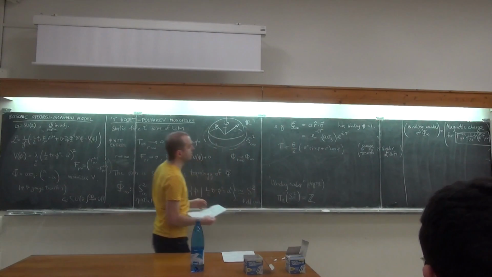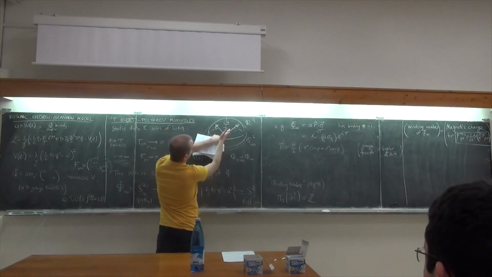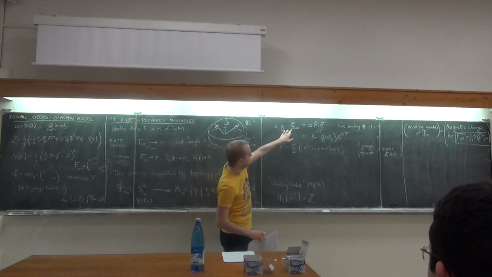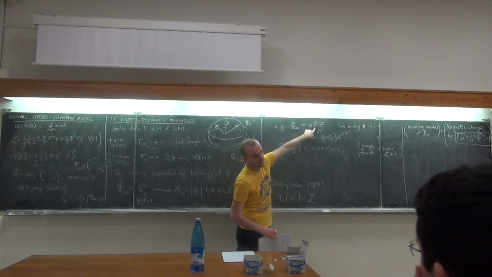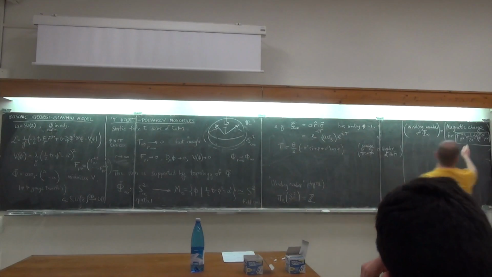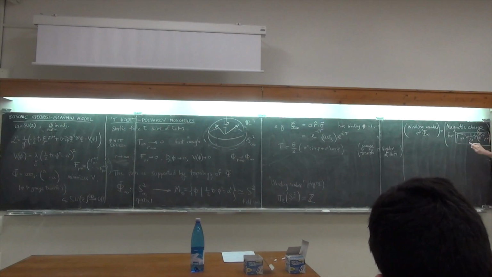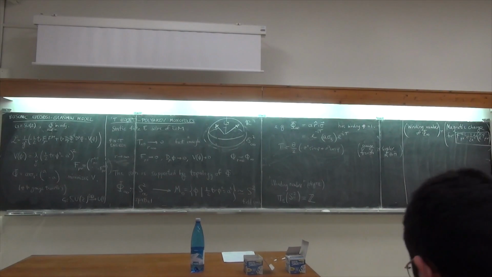So the U1 that you pick depends on the point. The field configuration of phi depends on the direction in space. But for any direction in space, you'll have an unbroken U1, which commutes with the scalar field phi.